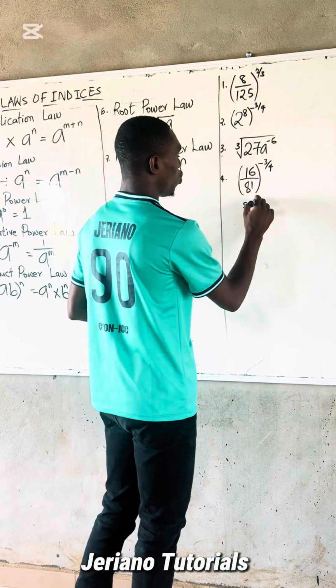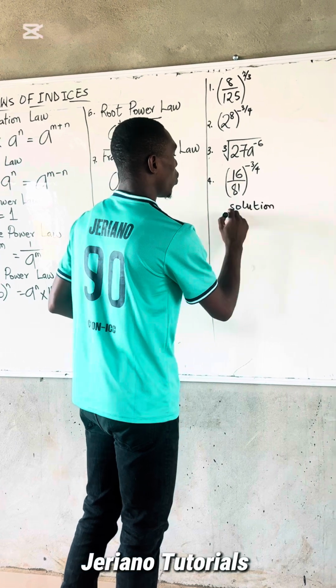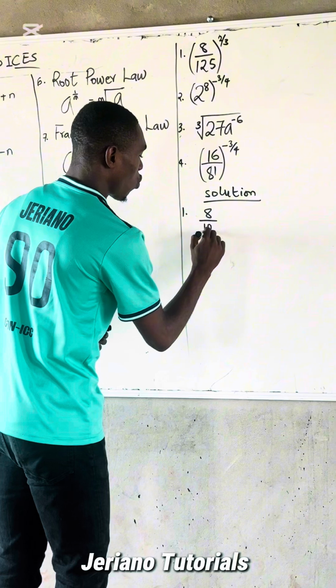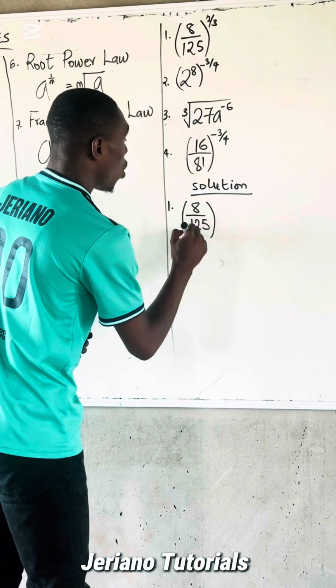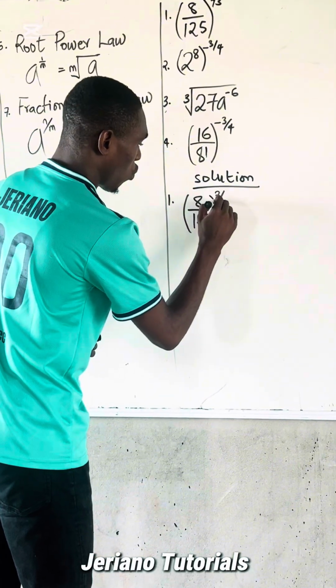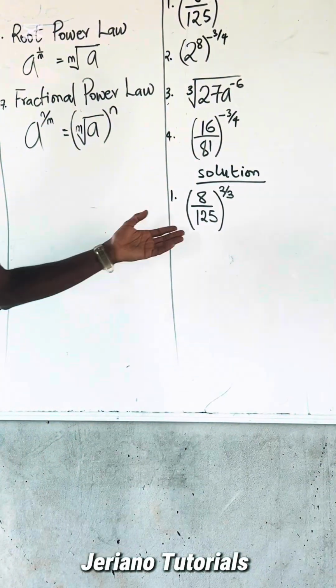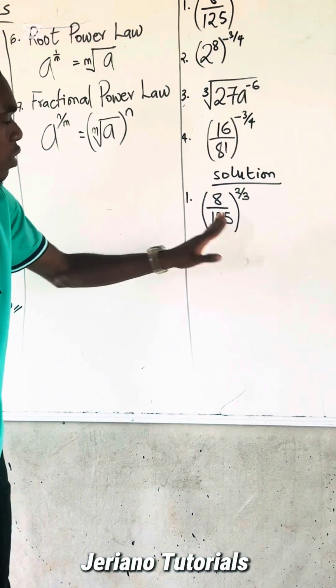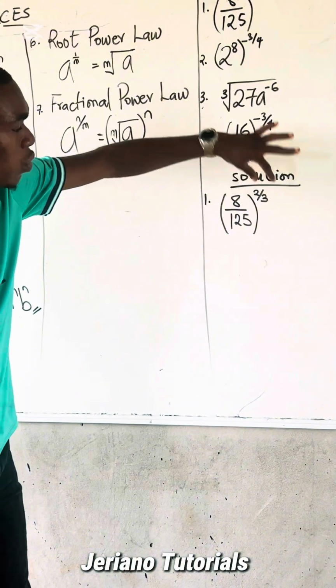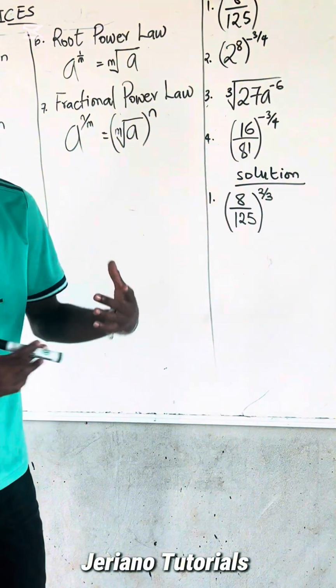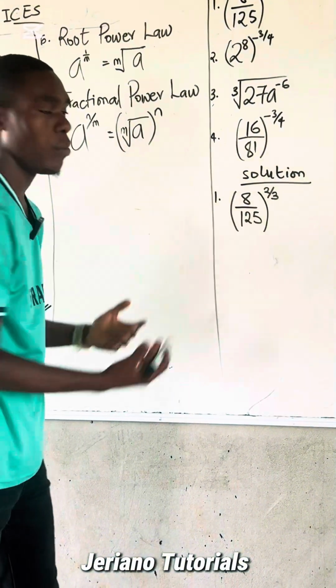Let's start the solution. The first one, we have 8 over 125 all raised to the power of 2 over 3. Now, one thing you should note is this particular power affects both the numerator and the denominator of your base, since they are all in brackets.